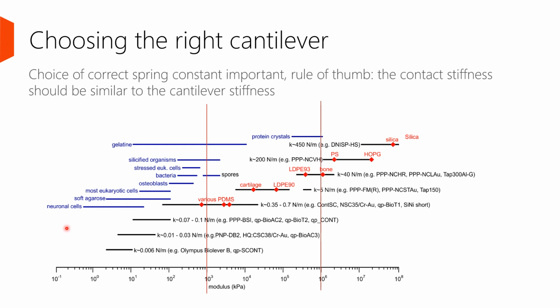For example, for the neuronal cells, we can probably use the 0.07 Newton per meter cantilever. If we are doing measurement on a harder sample, for example bones, we can use a cantilever of like 40 Newton per meter. So we can always come back to this table to pick the cantilever that is suitable for our sample.